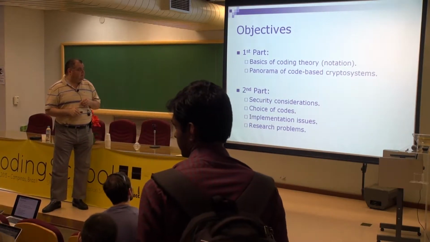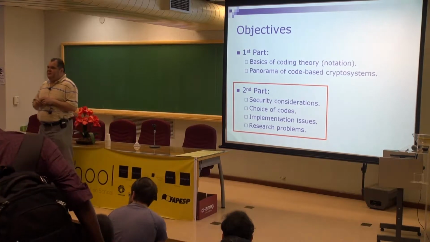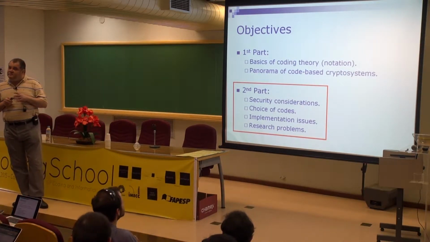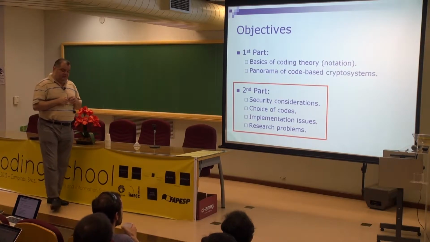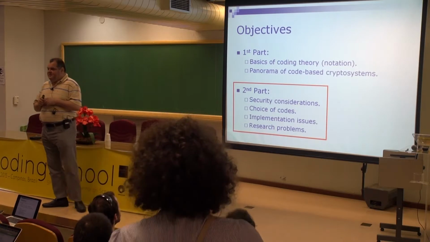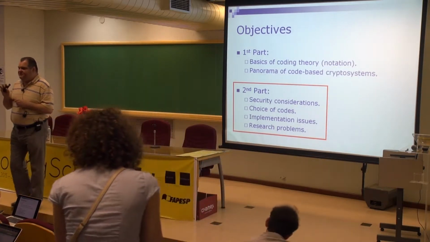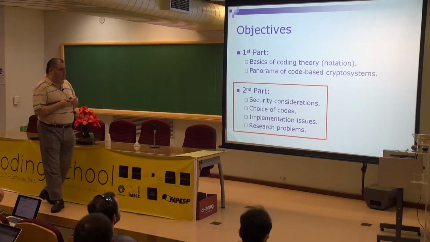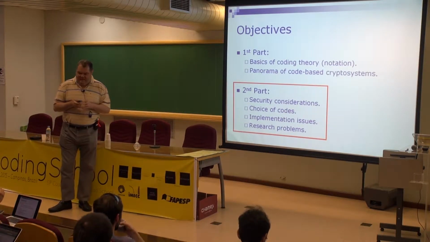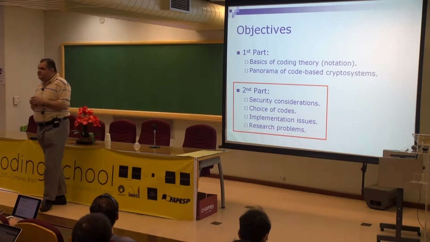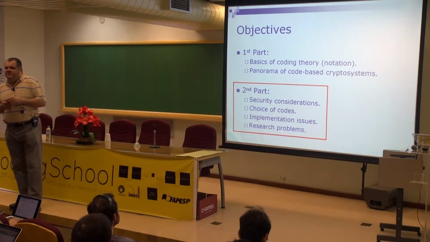And today we will address these topics. We will make some security considerations. We will deal with the choice of codes for cryptographic purposes, and also deal with a few implementation issues, and very briefly with some research problems that we have today.